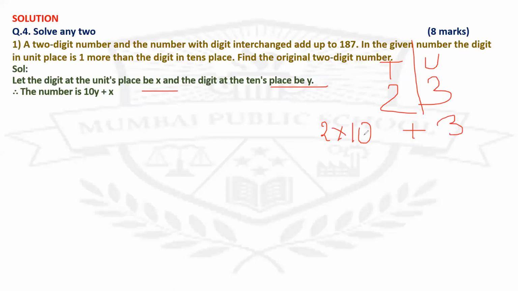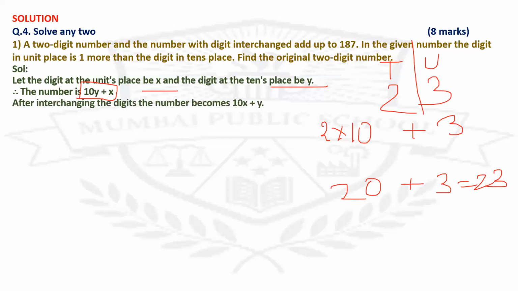Understand? 2 into 10 is 20 plus 3, 23. So a 2-digit number is always written like this: 10 into the digit at the tens place, that is 10y, because we have considered the digit in the tens place as y, and the units place is x. So 10y plus x.